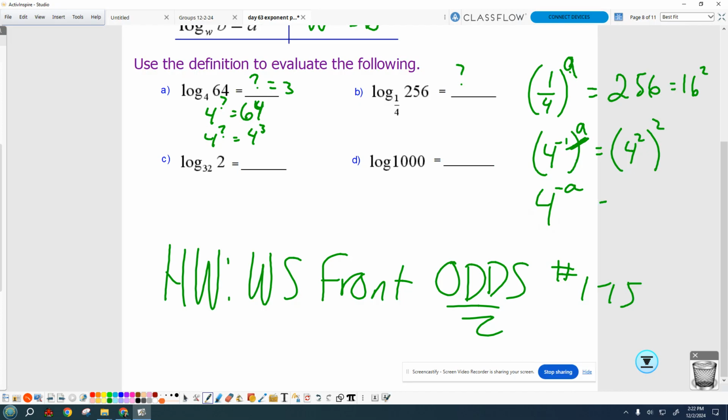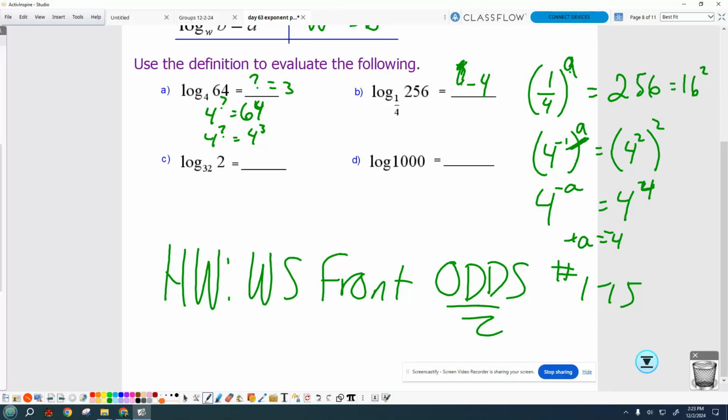Then on this side, yes, 2 to the 2, 4 squared to this, also squared, 4 to the 4. So 4 to the -A equals 4 to the 4, what does A have to be? Those exponents need to be equal. So it's -4.